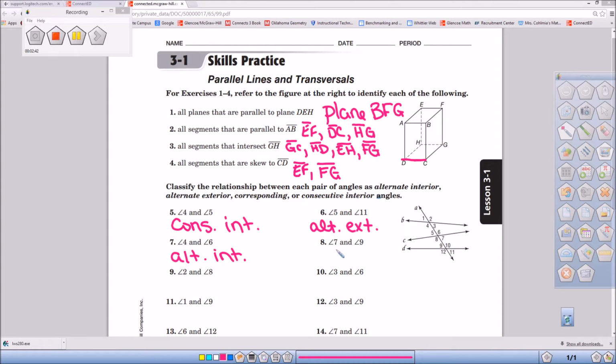Angle 7 and 9 will be alternate interior. Angles 2 and 8 are alternate exterior. 3 and 6 are consecutive interior. 1 and 9 are corresponding.